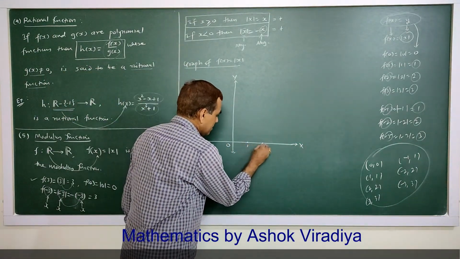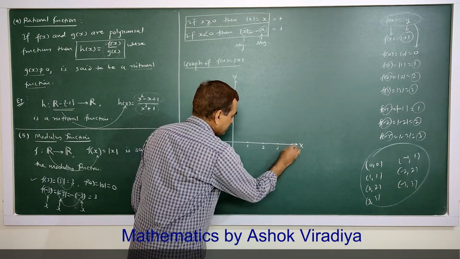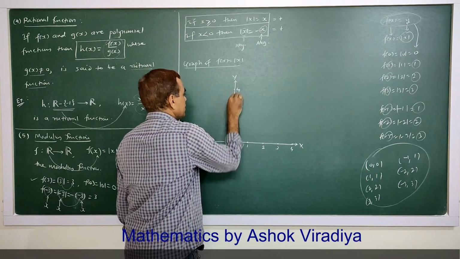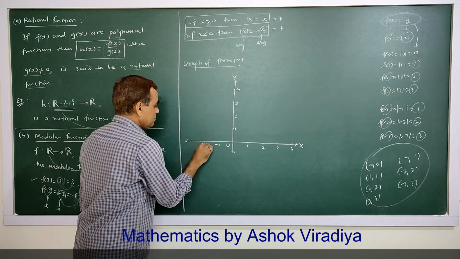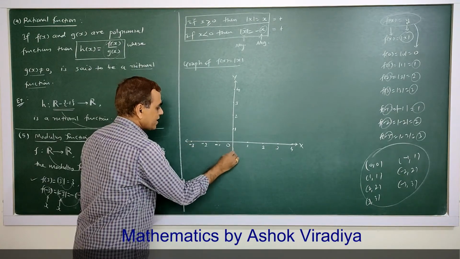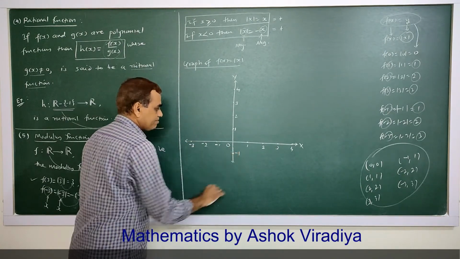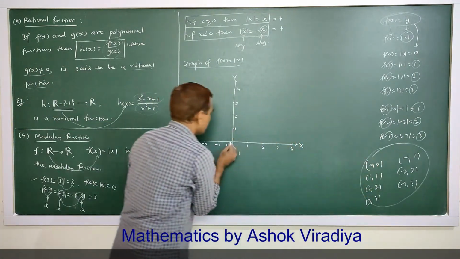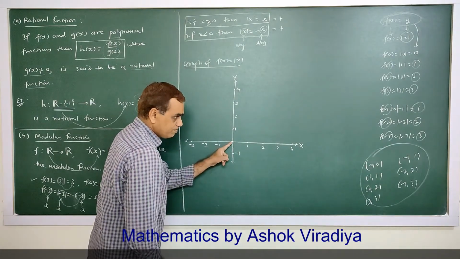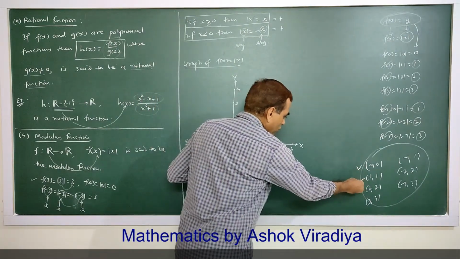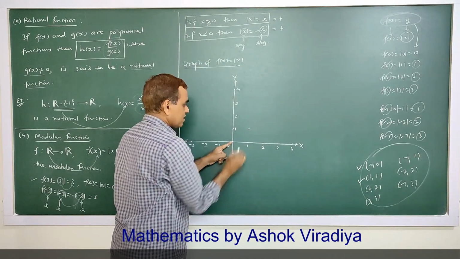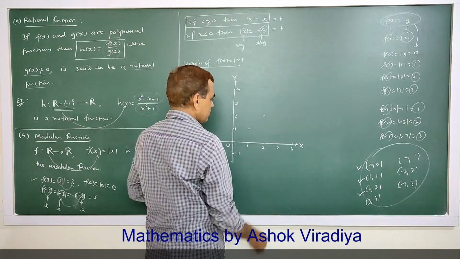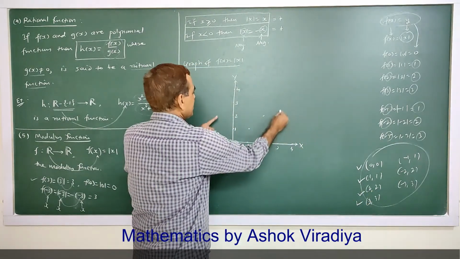Here 1, 2, 3, 4, and this side minus 1, etc. (0, 0) is a point on the graph. Then (1, 1), then (2, 2), then (3, 3).